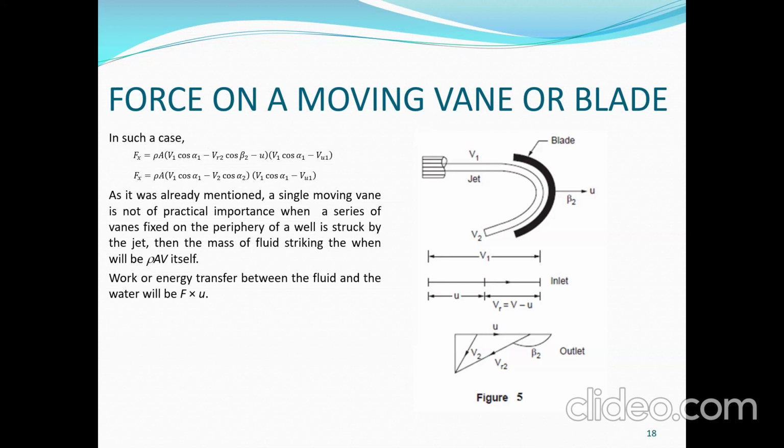Work or energy transfer between the fluid and the wheel will be F times U. So, yun ang tinatawag na energy transfer or yung work. So, ito sa single moving, may minus to, di ba, ng U. So, yan yung figure 5.